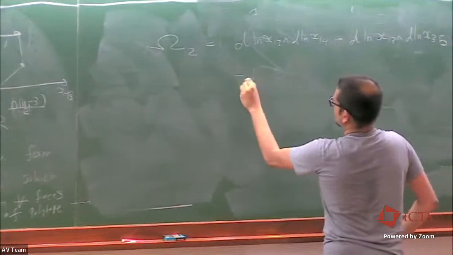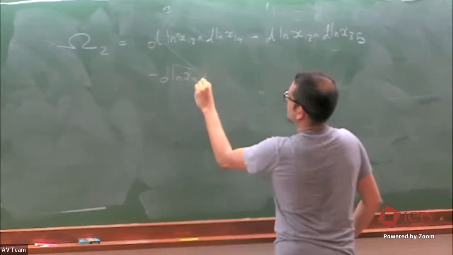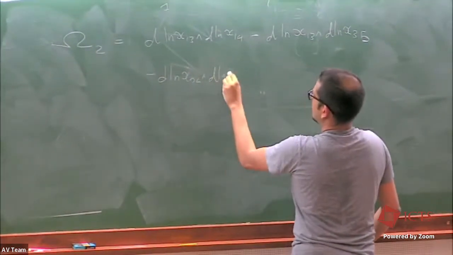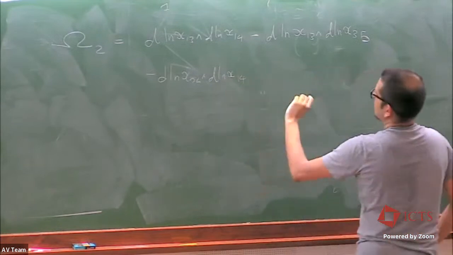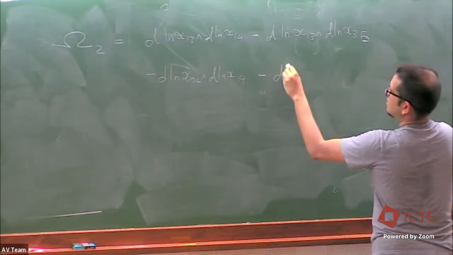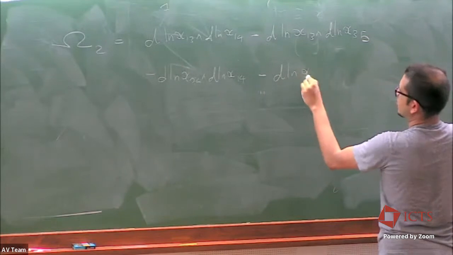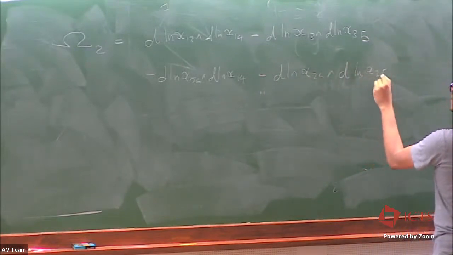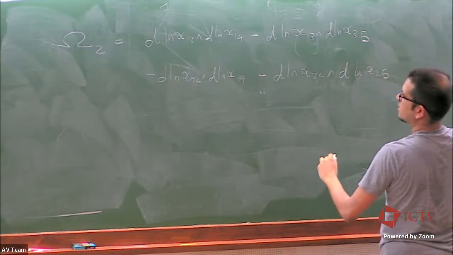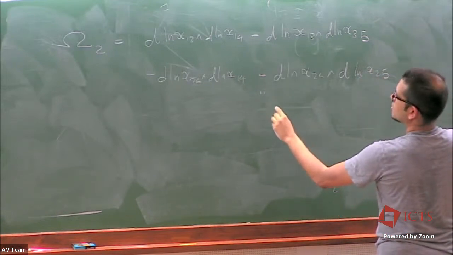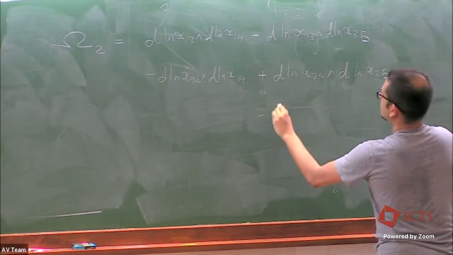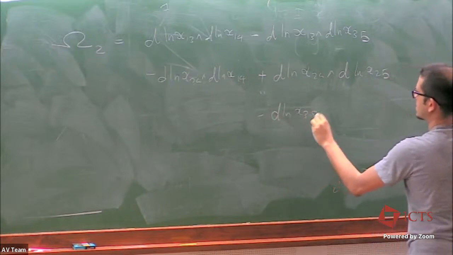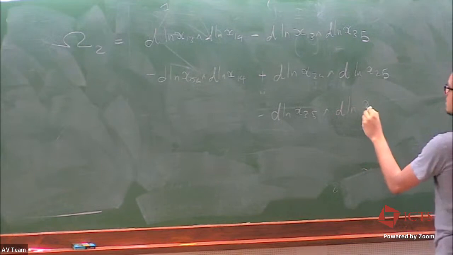So minus d log x24 wedge d log x14, minus d log, just for completeness I will write the whole thing, d log x25, and I think I missed one more. Sorry, this should be plus, and then minus d log x35 wedge d log x25.